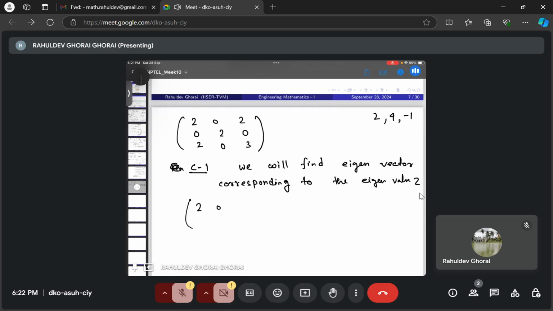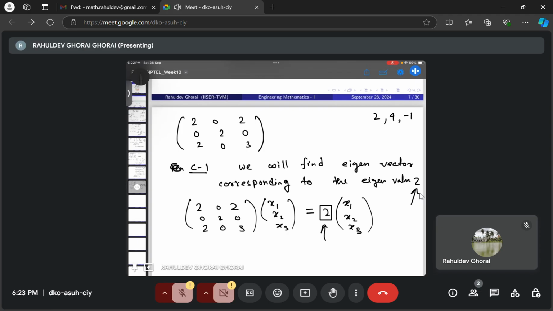Then you multiply the matrix 2 0 2, 0 2 0, 2 0 3 with the vector x, which I am writing as x1, x2, x3. That has to be equal to 2 times x1, x2, x3, because you are trying to find an eigenvector corresponding to 2.